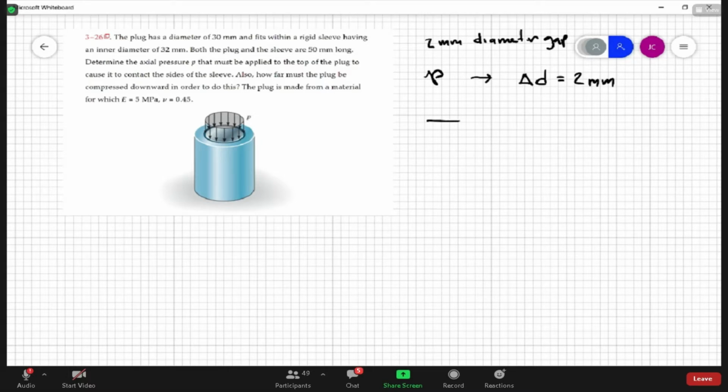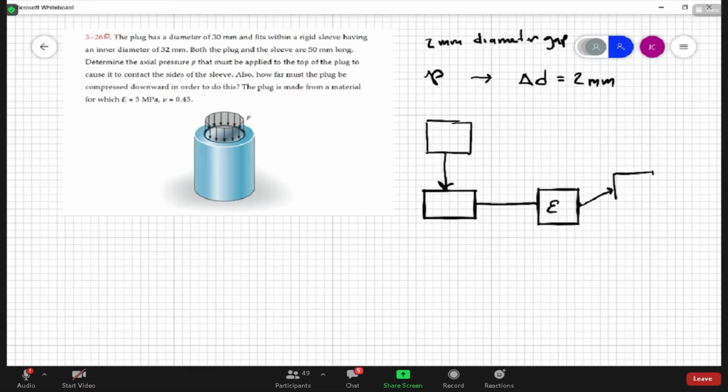So again, in this particular situation, what we have is the following. We won't use this branch, but you could also figure out the change in length.